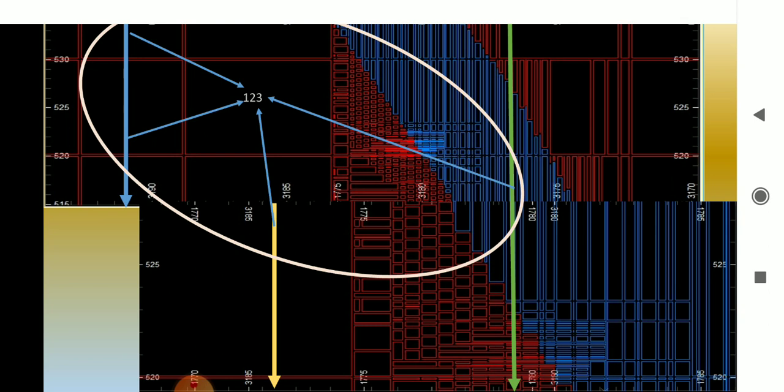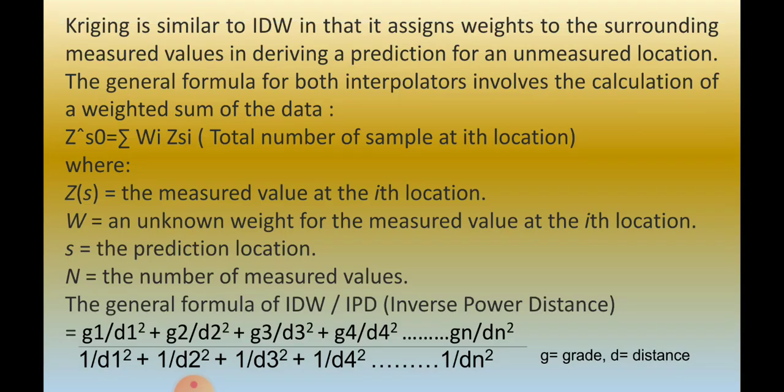This process will be repeated to allot the grade to all the cells and subcells by using the formula of Kriging and IDW. The formula of Kriging and IDW is itself very complicated, so we will try to understand Kriging and IDW in our next video and in our next chapter.